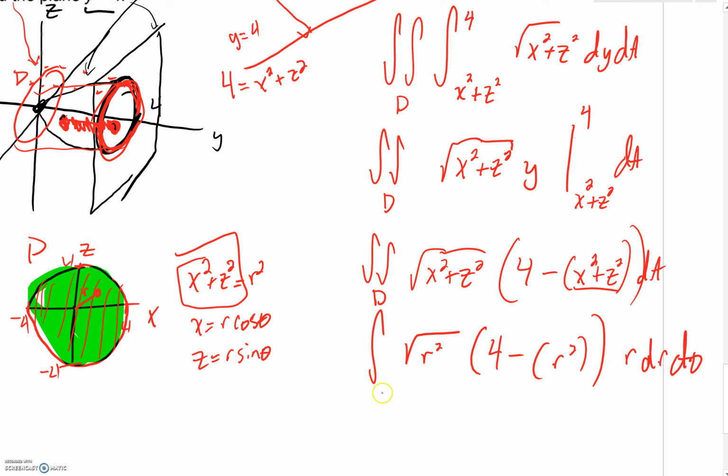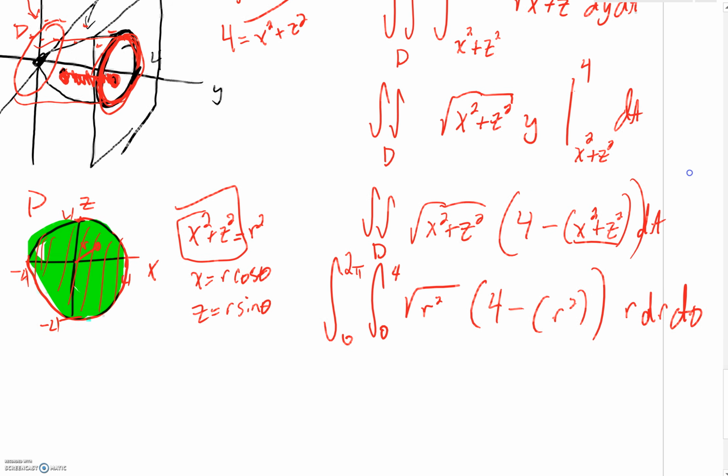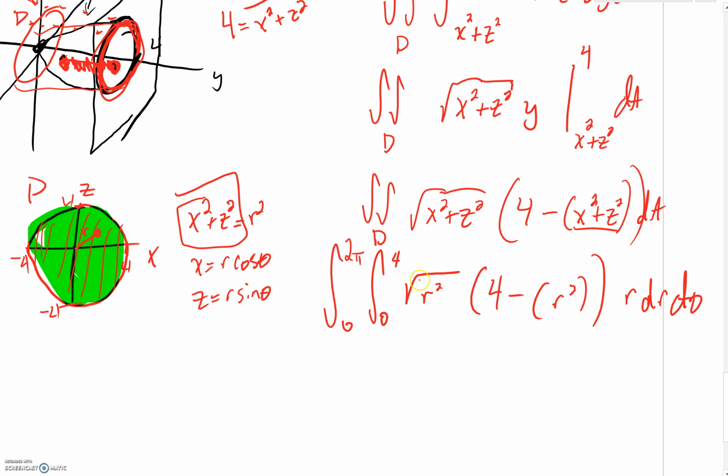And our r boundaries, well, if you look in green there, we go from 0 all the way out to 4. Our theta boundaries, well, we're going to go from 0 all the way out to 2 pi. And it's not going to take you too long. This square root of r squared is just an r. So we could finish this up hopefully pretty quickly.